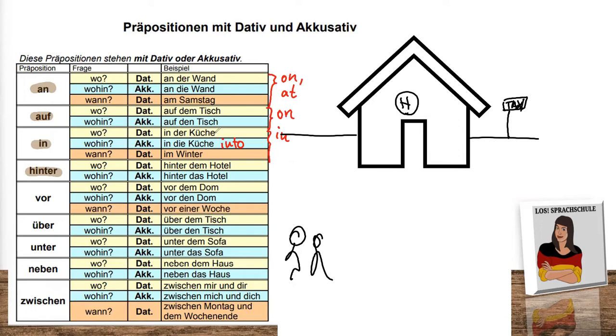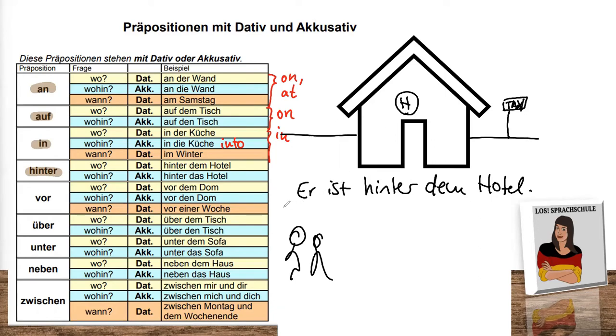Now we have two options. We can say, the stop, the stand, ist hinter dem Hotel. It is behind the hotel, hinter dem, making it a Dativ. But maybe the other person wants to give you more of a detail.